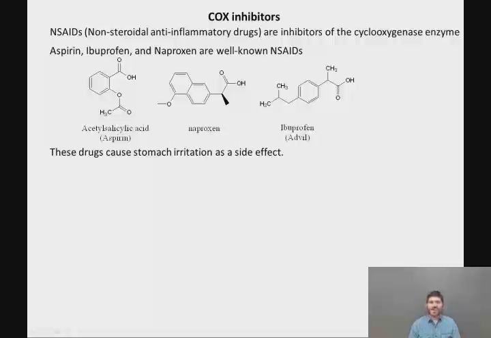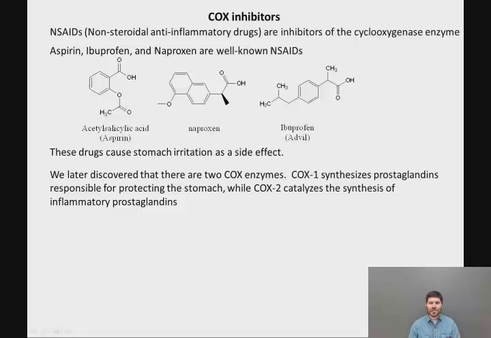However, anybody who's taken any of these drugs on a regular basis for pain knows that they have gastric side effects. Okay, so they cause stomach irritation. And if you think back to what I said on the last slide, prostaglandins are also involved in regulating gastric secretions. So we actually later discovered that there are two cyclooxygenase enzymes.